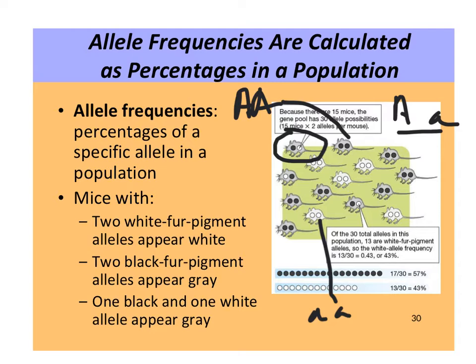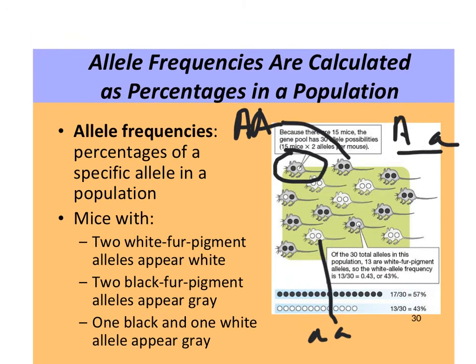And then we've also got 3 mice that are big A, little a. So there's 3 more. That gives you 14 plus 3 is 17. So we've got 17 over 30. And if you do the white ones, you end up with 13 over 30.